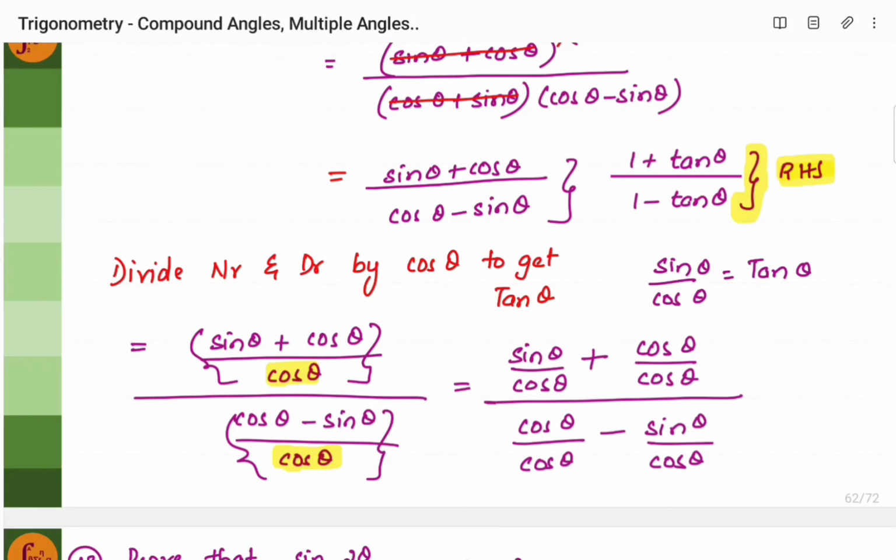So now cos theta and cos theta will get cancelled. Here also it will get cancelled. You'll be left with sin theta by cos theta, which is tan theta, plus 1, by 1 minus sin theta by cos theta, which is tan theta. So we have got the RHS. So we have proven this particular expression. LHS is equal to RHS, which is equal to 1 plus tan theta by 1 minus tan theta.